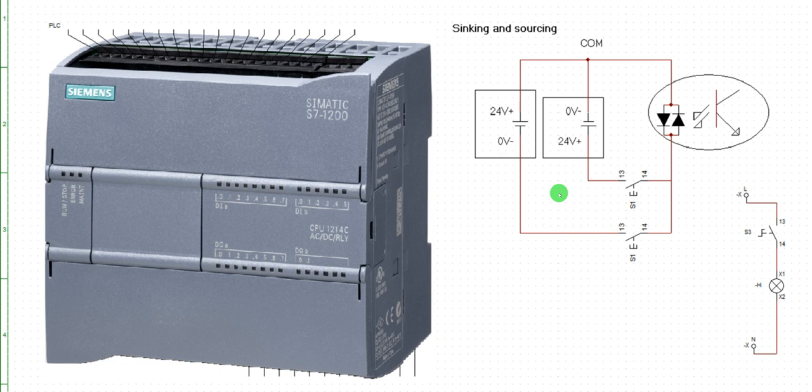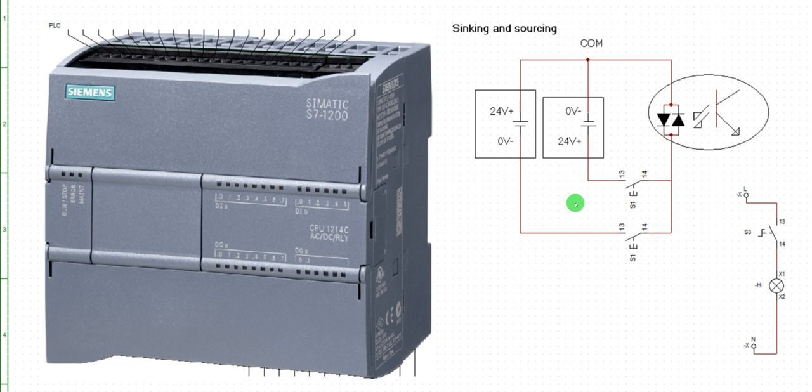So from the CPU, they will write sinking or sourcing, whichever is applicable, and the system will accept it. If you do it the opposite way, the system will correct it internally. So it has a polarized function. Like I said, some CPUs, not all CPUs, have it. I don't know if all of them have it.